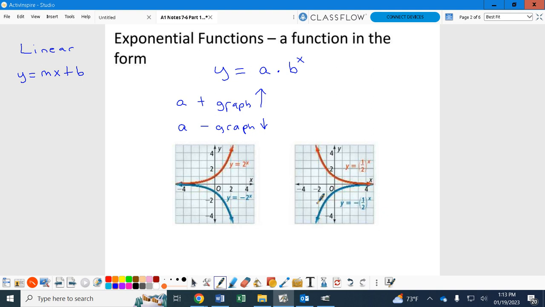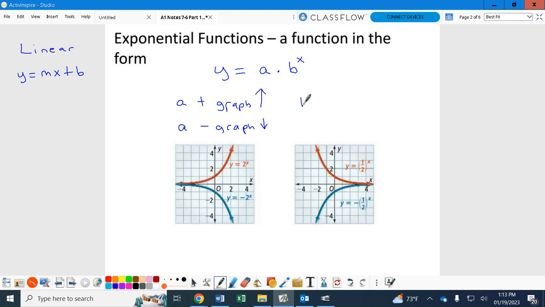Now, the other number decides whether it's going to go to the left or to the right. Look at these two. The two that are over here, now you have to ignore the positive or negative sign. The number that's here, the 2 on both these graphs, go to the right, and this number is bigger than 1.